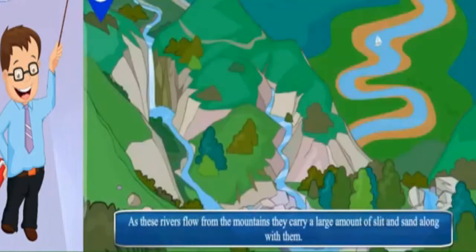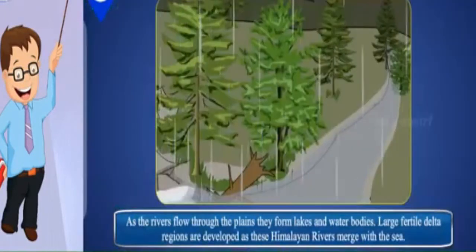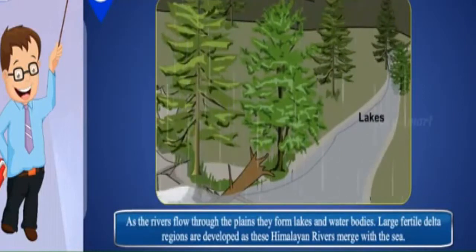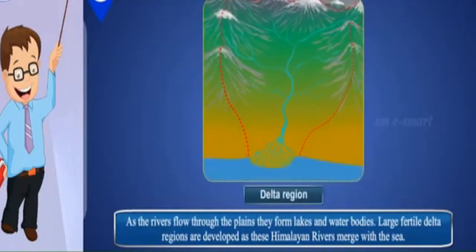As these rivers flow from the mountains, they carry a large amount of silt and sand along with them. As the rivers flow through the plains, they form lakes and water bodies. Large fertile delta regions are developed as these Himalayan rivers merge with the sea.